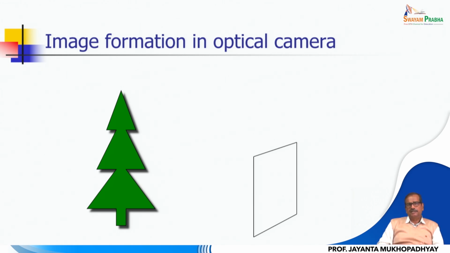Let us come to the basic principles of image formation, and particularly in an optical camera. And with this example, we would also try to understand some other cases. So when we consider an optical camera, we say this scenario, say this is an object, and this is basically a tree.